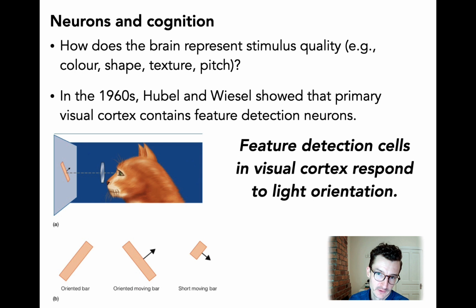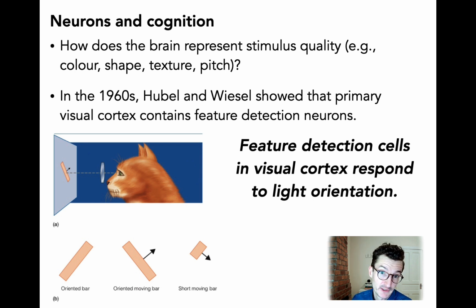And for instance, if we're talking about a different sensory system like audition, we know that there are cells in the cochlea that respond to particular frequencies of sound. So these cells encode pitch, for instance. So I'm going to show you a video of Hubel and Wiesel's famous experiment.